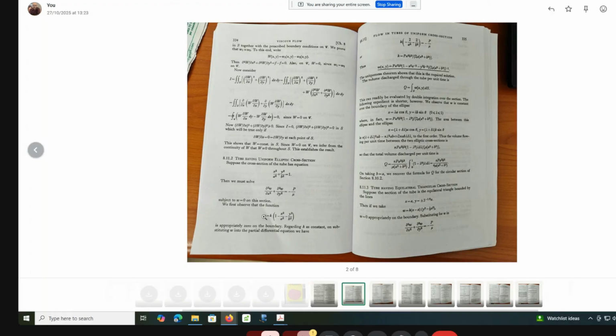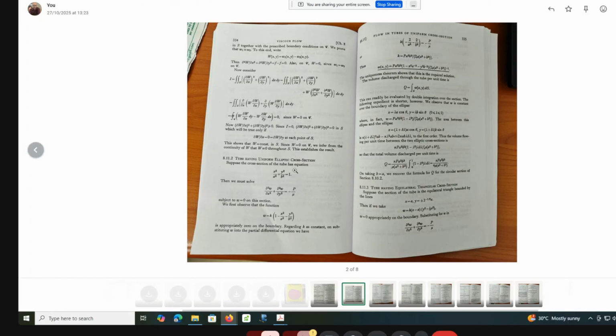Now substitute. Assume just by ansatz that this is your solution W. You substitute into this so that you can find your k. Once you derive and uniquely determine that k, come back and put it here. That is actually one solution.